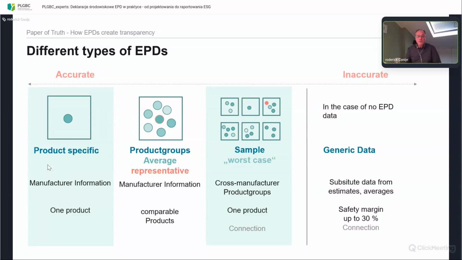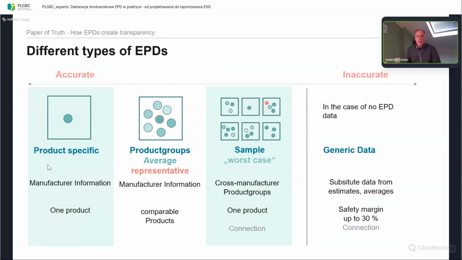Then the second one is a product group average EPD. We use that also, but always in conjunction with a product-specific EPD. And I think the A-label suppliers in our business all have either product-specific or group average EPDs.